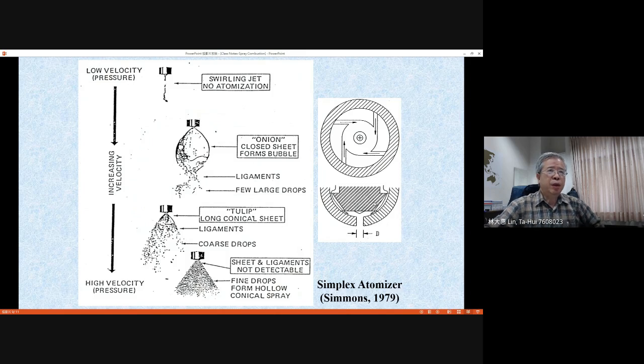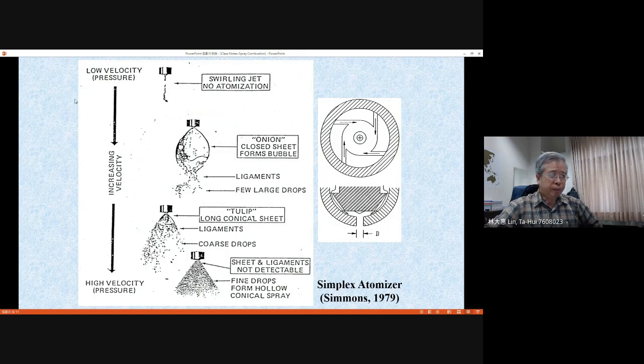For a given simplex nozzle, you will find it shows different spray atomizing mechanisms as the velocity increases. In this case, increased velocity relates to increased supply pressure.